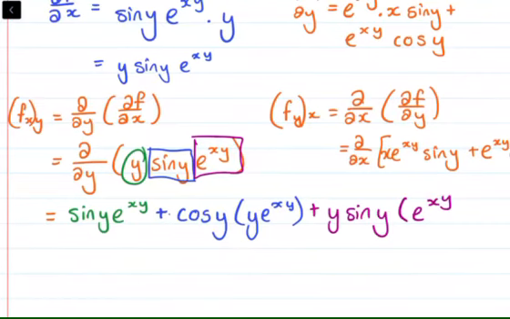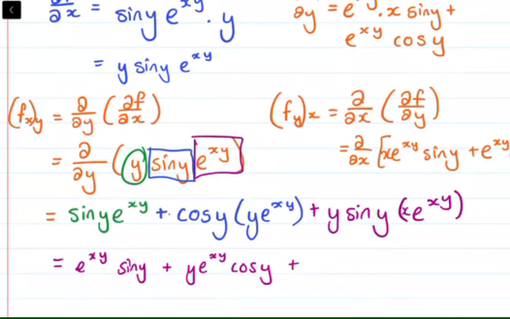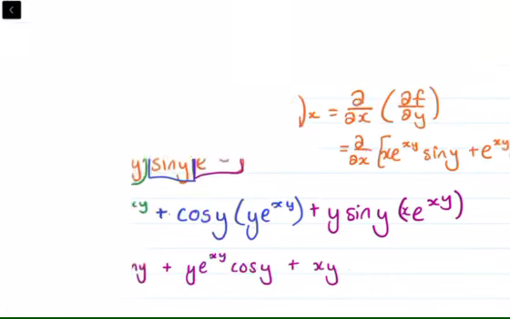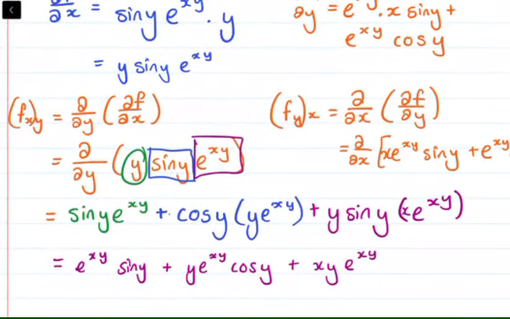And remember that we consider x as a constant, so then the answer is, we have to keep it with x there. So then the answer, just to clean it up, is e^(xy) sin y plus y e^(xy) cos y plus xy e to the power of xy sin y.